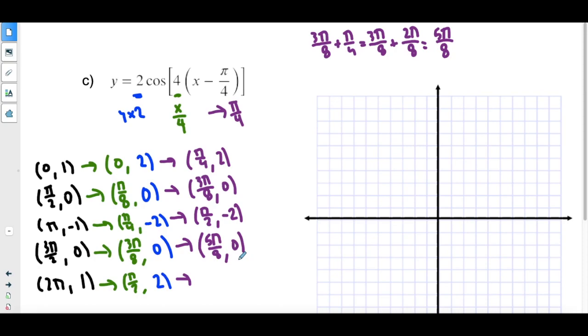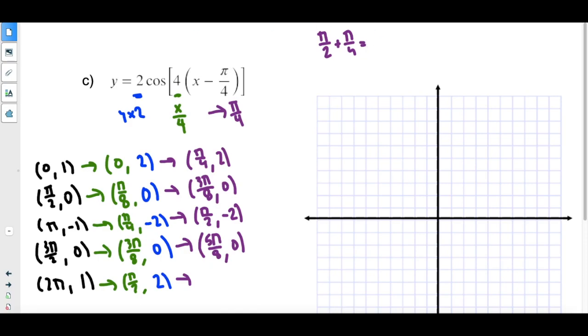And if I add pi over 4 to pi over 2, I'm going to do that up here too.